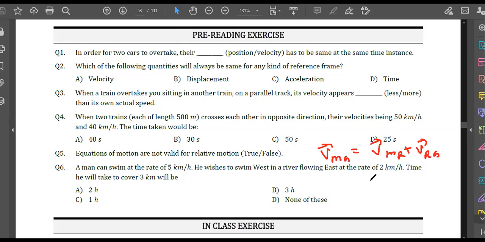Velocity of man with respect to river is given as 5 km per hour. 5 plus, now velocity of river with respect to ground is given as minus 2, opposite direction. So this will be 3 km per hour. Got it, everyone?